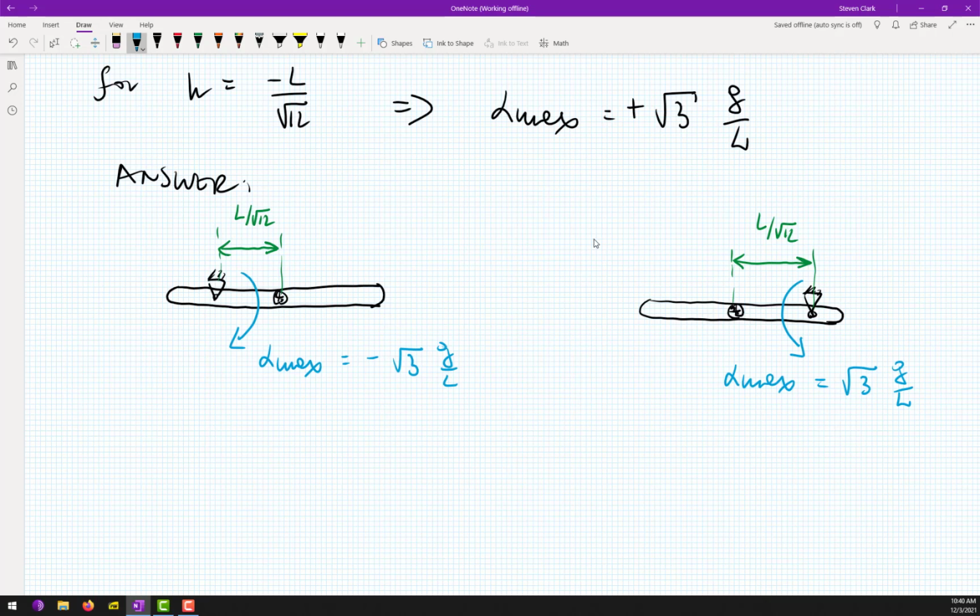That's correct. However, the farther we put the pin from the center, we also increase the moment of inertia about the pin. So the larger the moment of inertia is, the smaller the alpha will be, yes? Because moment of inertia is like a resistance to motion. If I want to push something, the larger the mass is, the harder it is for me to push.